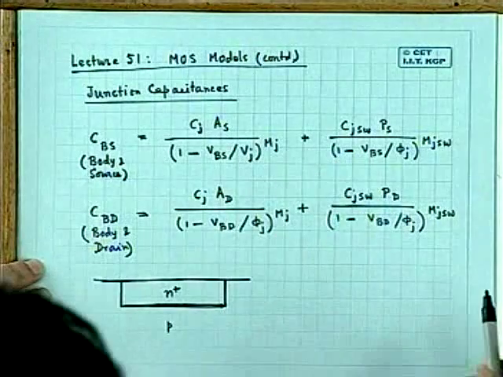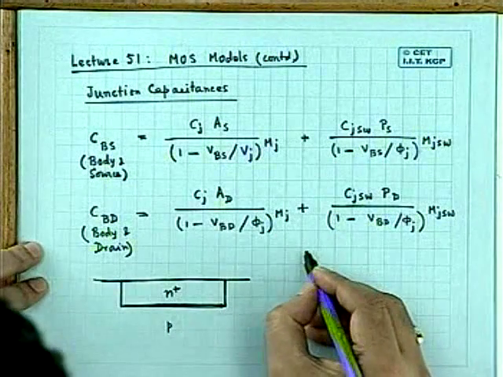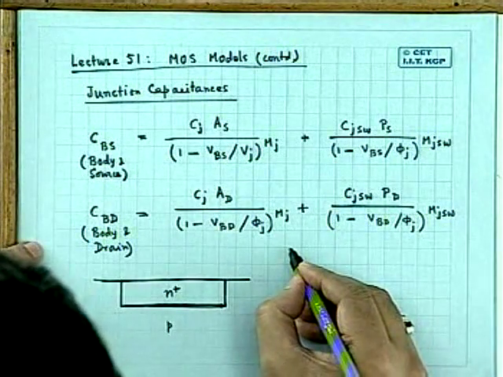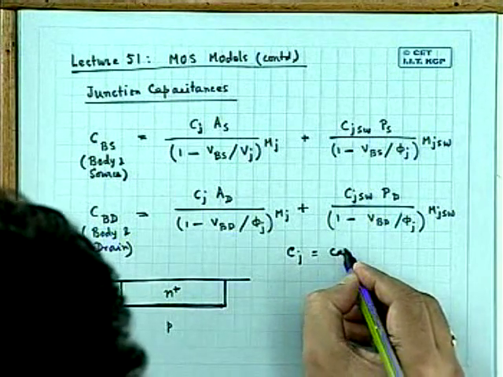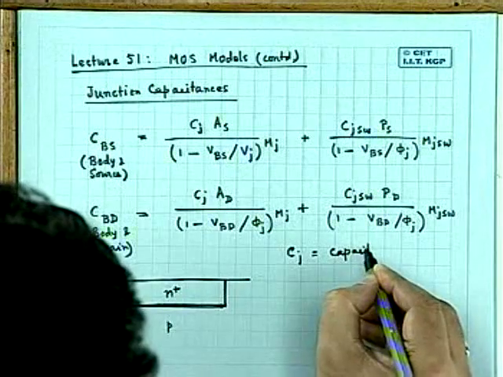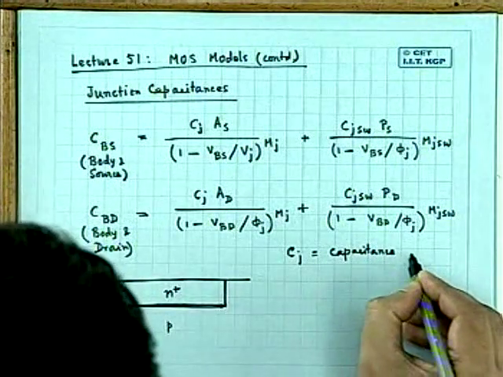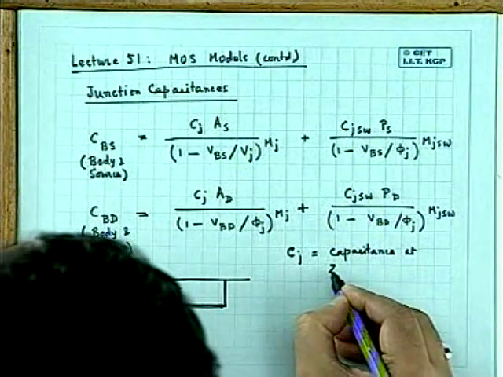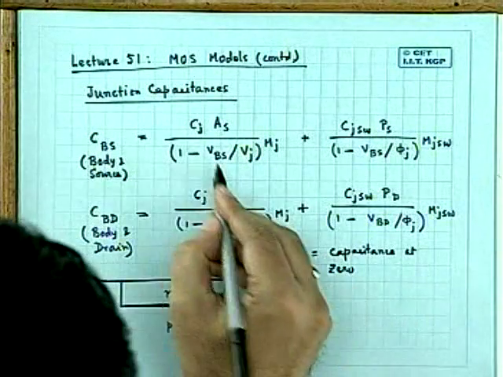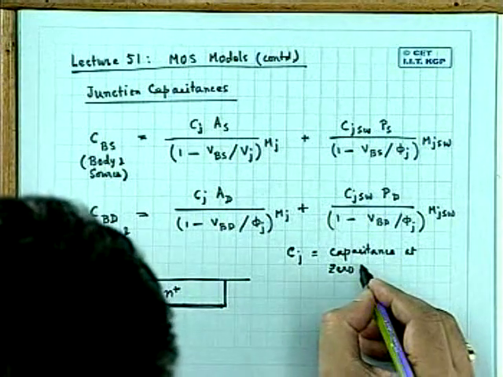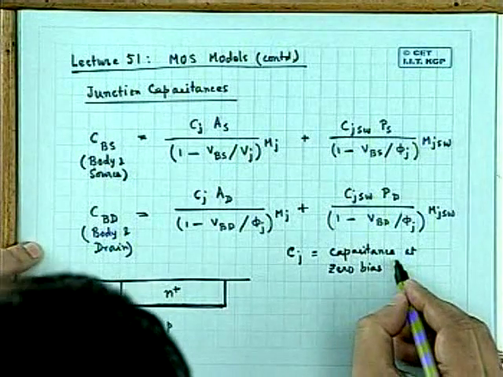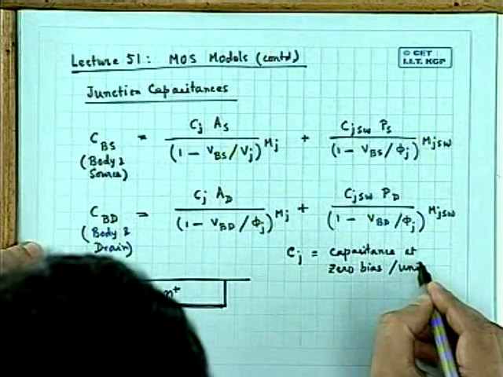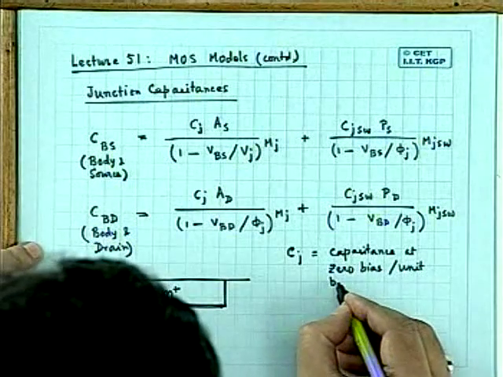So this Cj is nothing but the capacitance at zero bias, when VBS or VBD is equal to 0, per unit bottom area.